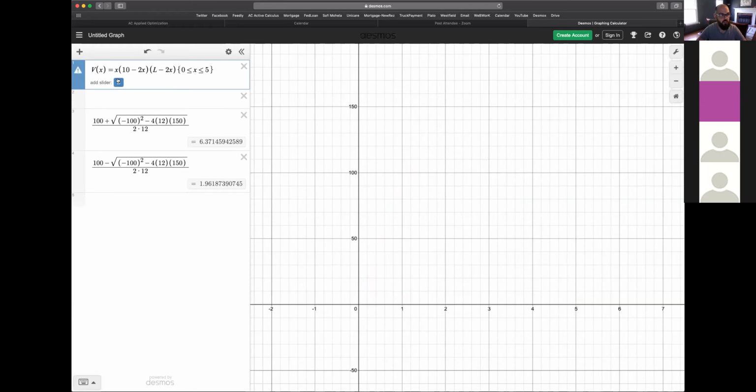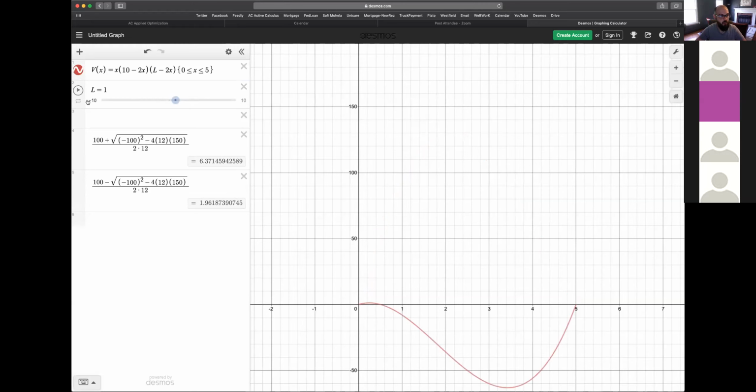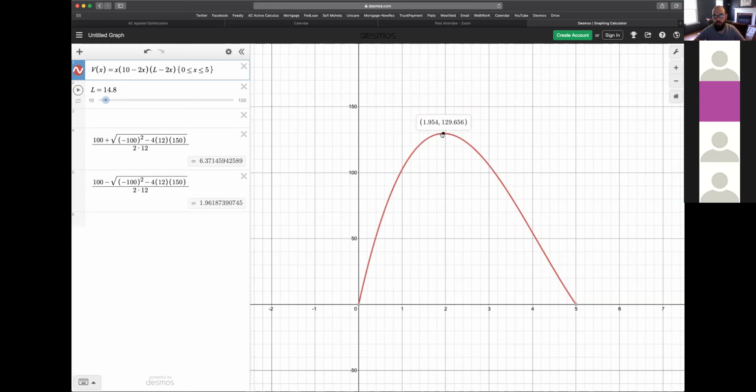This is a slider L, and we said L has to be at least 10, and then it can go to anything. So we get a curve that looks like this now, and we're going to try to find this optimal point.